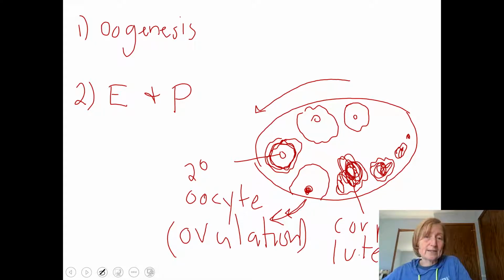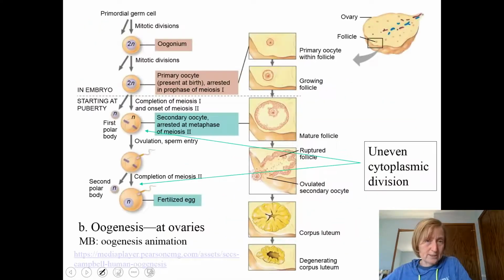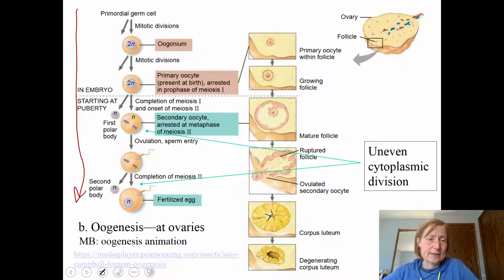Let's take a look at that process of oogenesis a minute. Okay, this is a picture that's sort of like what we saw with the male system. And over here, we've got what's really happening, okay? There's also a nice animation that might be worth checking out. So what happened before baby girl was even born is some germ cells, so that's going to give rise to eggs.